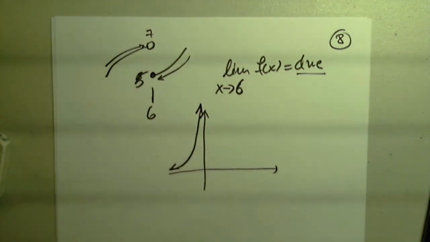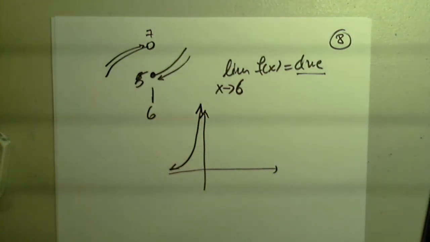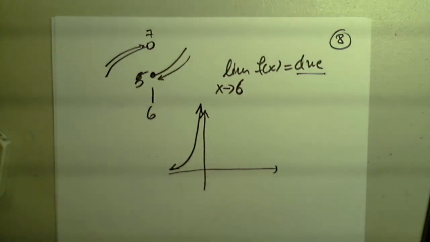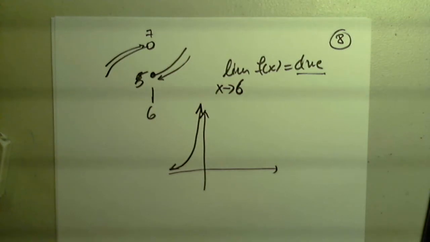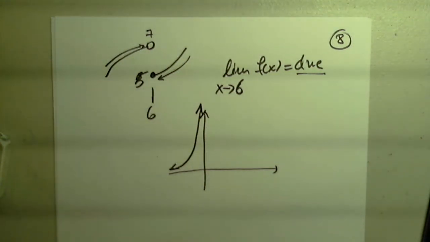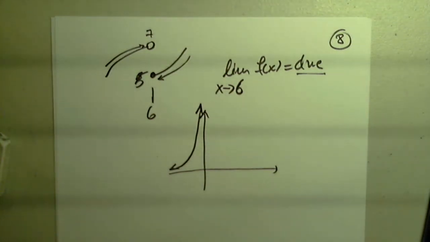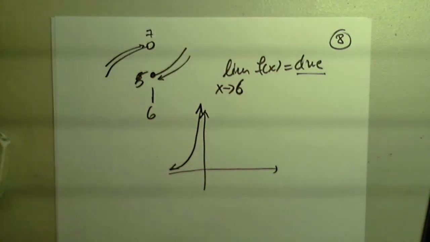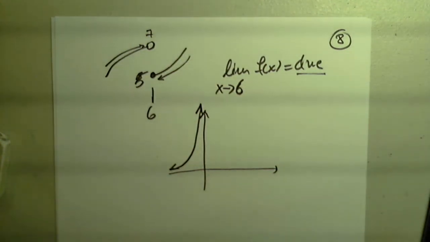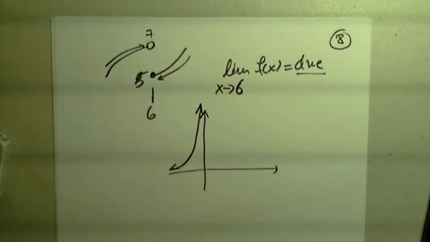Follow the function. 4. Yes, it is 4. As x approaches 1 from the left, the function values get closer and closer to 4. Well done. Okay.